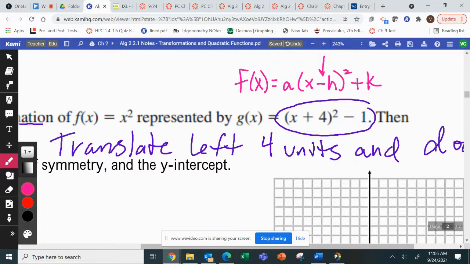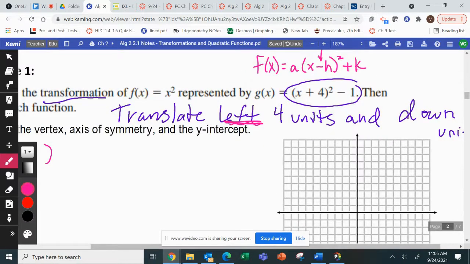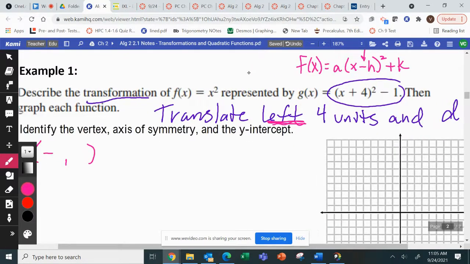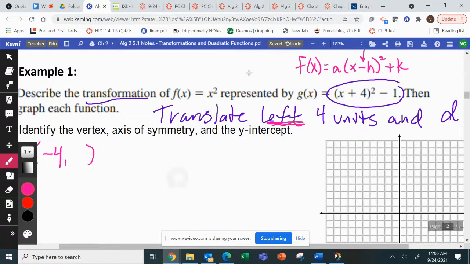So opposite of plus 4, because it's going to the left 4, what's the x part of our vertex? -4, because it's going left 4. The y part of our vertex, it's the same thing we've been doing with transformations. It's common sense. If it says -1, it's -1. The x part is opposite, the y is the same. So that's our vertex at -4, -1.